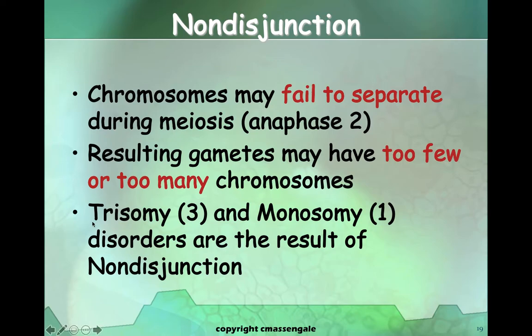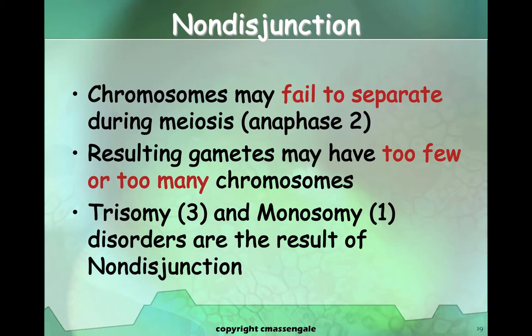Tri being that prefix there, meaning 3, somy dealing with the root word for chromosomes. Whereas whenever we get over here to monosomy, mono, that prefix means 1, and still somy, still talking about chromosomes. So that would be a disorder that would result in non-disjunction.